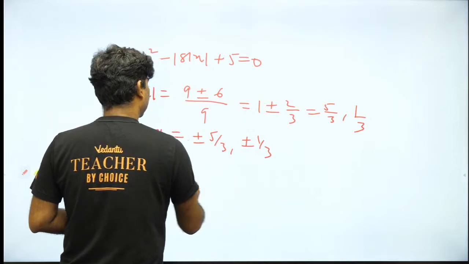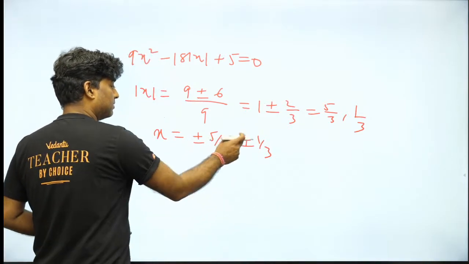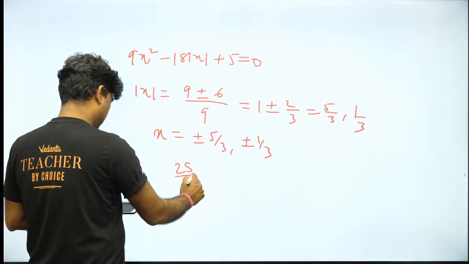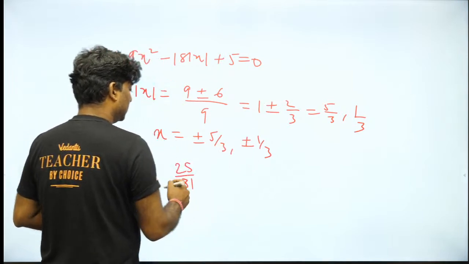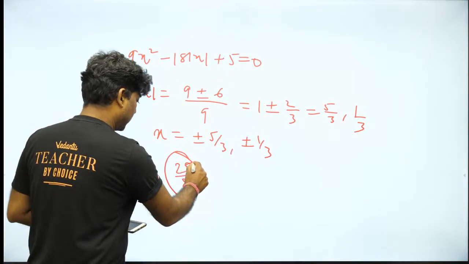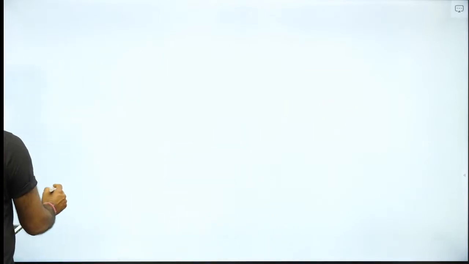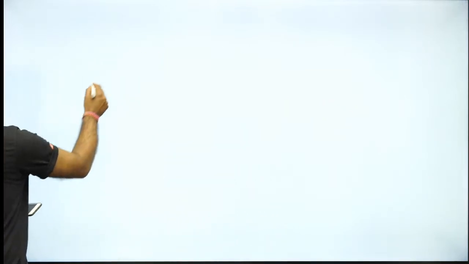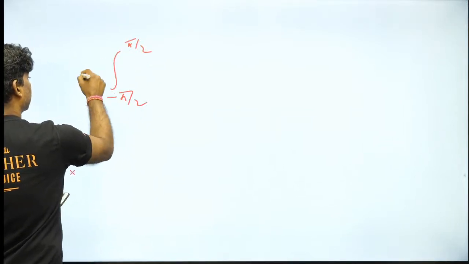So it is 1 plus minus 2 by 3. So 5 by 3 and 1 by 3. So x as plus minus 5 by 3, plus minus 1 by 3. Product of all the roots they are asking. So it is 25 by 9, 81. 3 into 3, then 3 into 3. So this is the answer. Right, students? Okay.